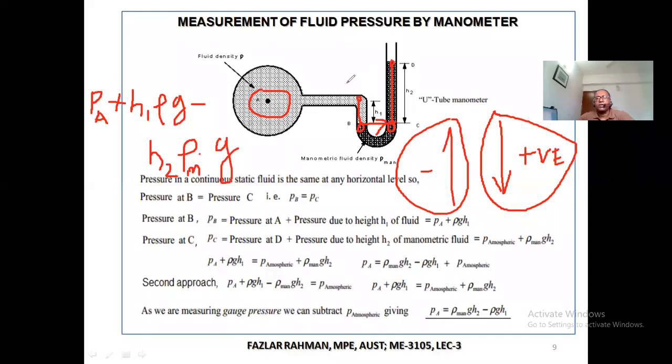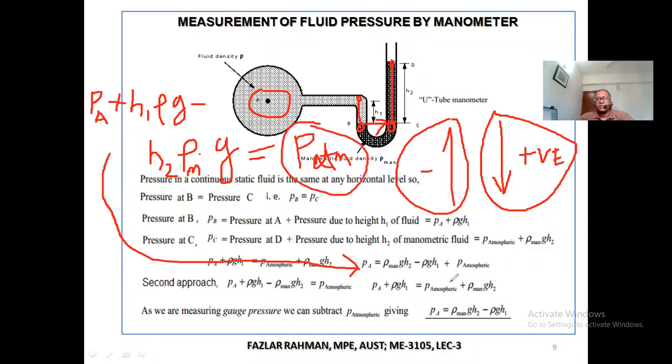Now where did we come to? Now at point D, equal to the pressure at point D. How much pressure? P atmospheric, P ATM. Now this equation and this equation are the same. We figure out the PA from here. On the right-hand side you get P atmosphere.